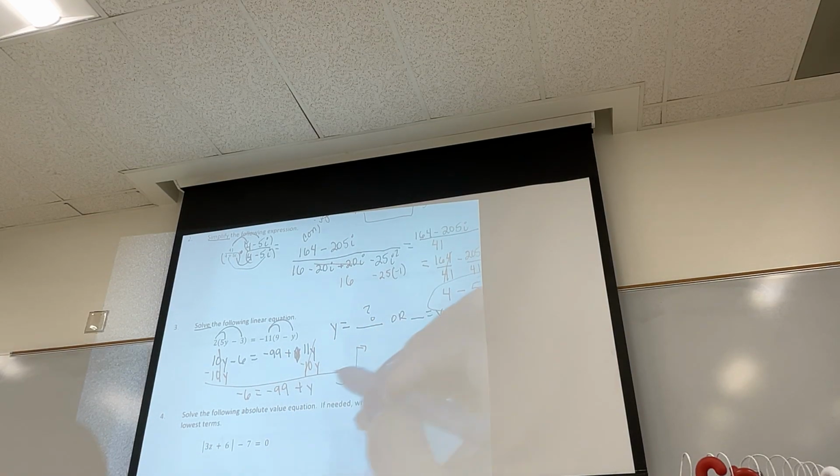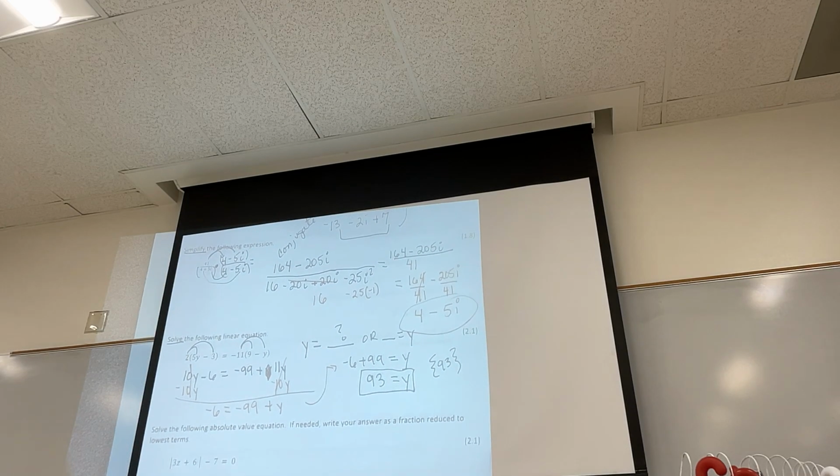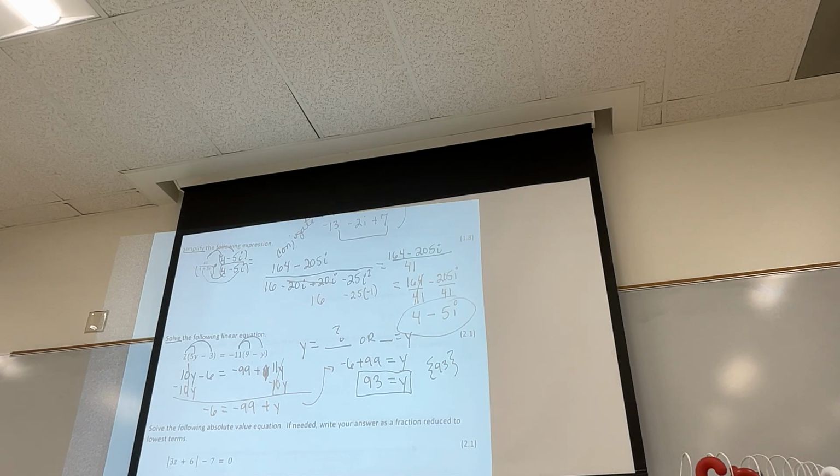All right, so if we move the 99 over, that would be negative 6 plus 99 equals y, which is what? 93 equals y. Is that solved? Okay, so that means we get a solution. My students, I like them to write their answers in solution set form with braces. But what works for your faculty, that's your choice. But my students, I want them doing this.